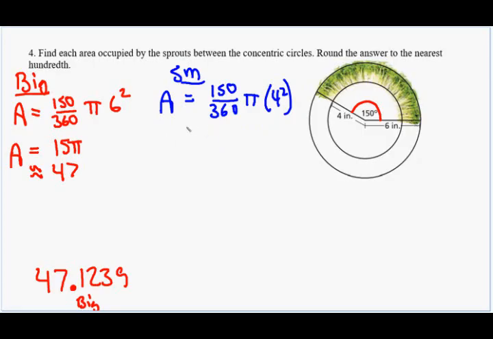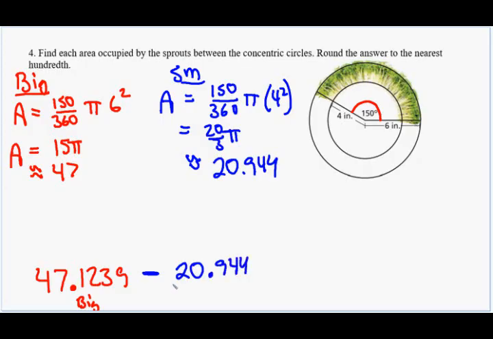So that area turns into 20/3 pi, or approximately 20.944. So here's our big one down at the bottom. We're going to minus out the small, 20.944, and what that leaves us is 26.18. Our units are inches, and it's area, so they're squared.